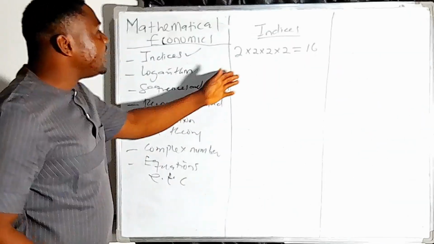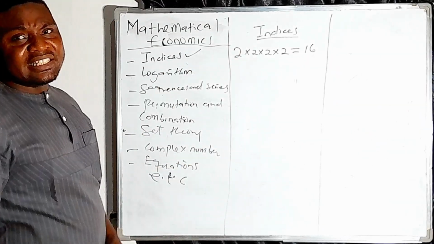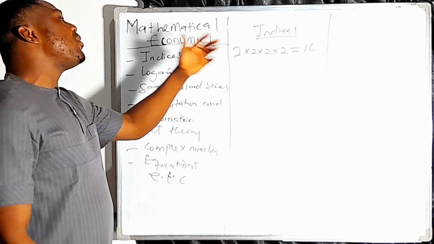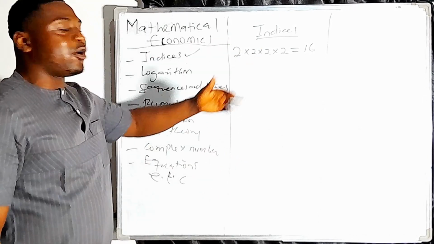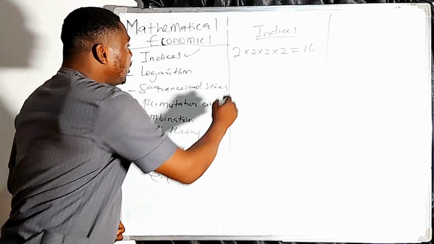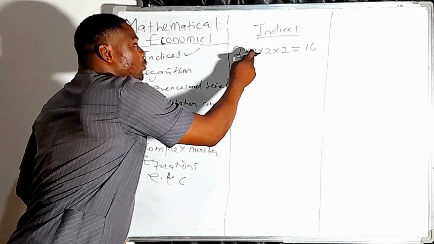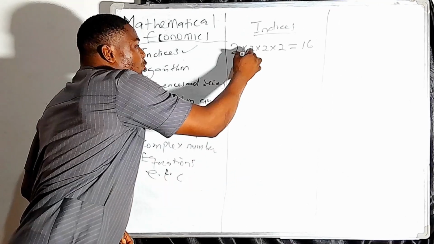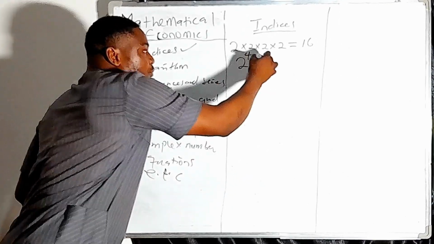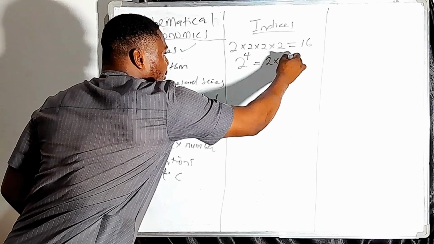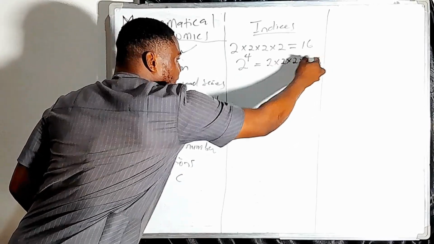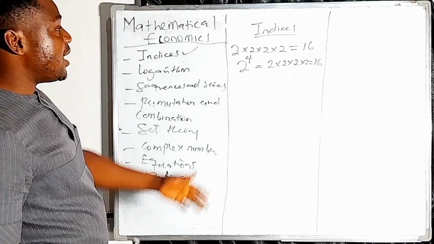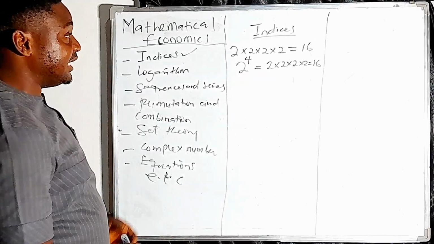Instead of having it this way, we take the indices. Instead of having 2 times 2 times 2 for a large number of times, it's just the same thing as 2 raised to the power of the number of times the 2 is repeated, which is 2 raised to power 4. That is 2 times 2 times 2 times 2, which is the same as 16. So that's where we get the aspect of indices.